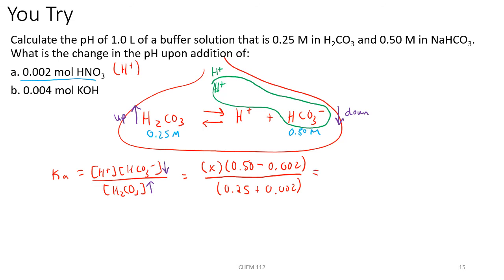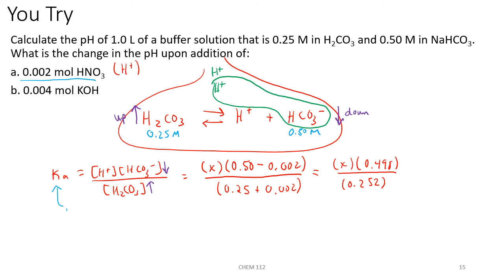So this will reduce down to X times 0.5 minus 0.002, which is 0.498, over 0.25 plus 0.002, which is 0.252. So we can rearrange using the same Ka as before. So we're still dealing with the same weak acid.